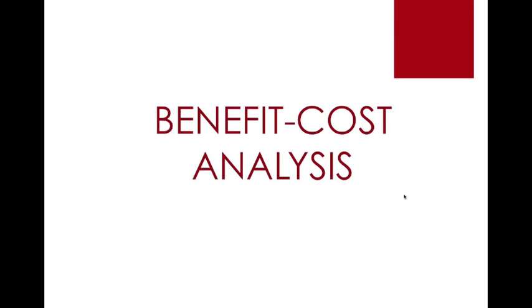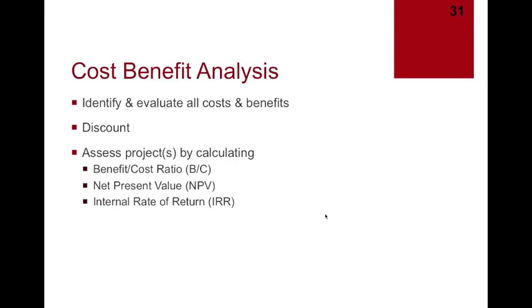Last but not least, we want to talk about benefit cost analysis, and that's often done when we are selecting projects. If you think again about improving an operation system, often there are a number of projects involved. These projects have costs associated with them, and in some cases these projects may actually be generating future cash flows, so we have to be able to do a bit of benefit cost analysis.